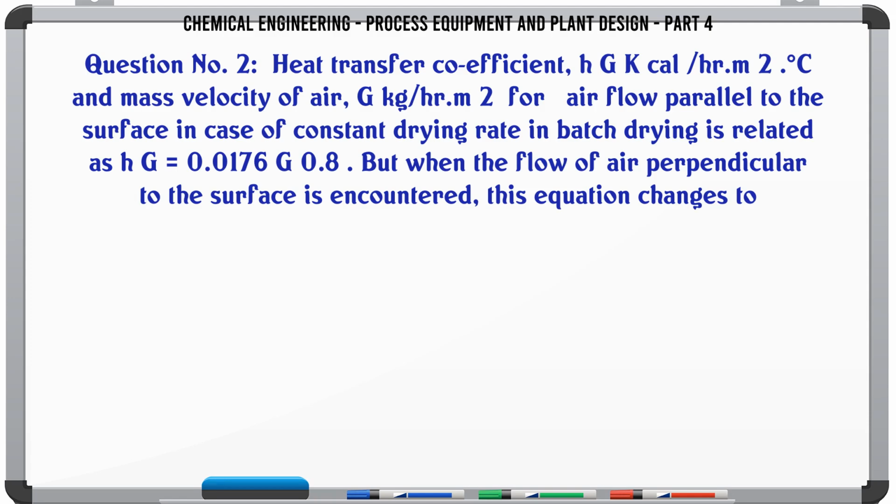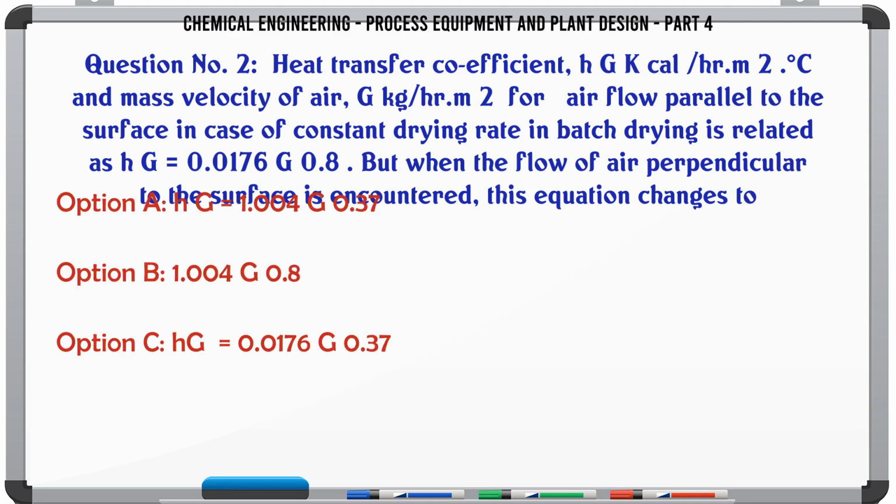Heat transfer coefficient hG in kcal/hr.m2.°C and mass velocity of air G in kg/hr.m2, for airflow parallel to the surface in the case of constant drying rate in batch drying, is related as hG = 0.0176 G^0.8.